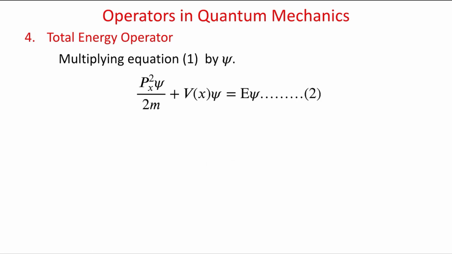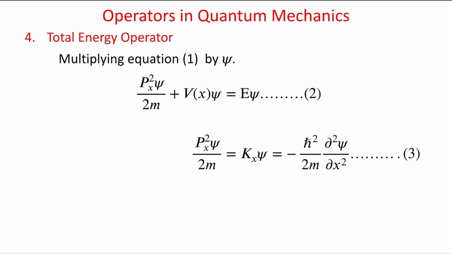Now multiply equation 1 by psi on both the sides. So we get px square psi divided by twice m plus V(x) psi, and this is equal to E psi. This is our equation 2.